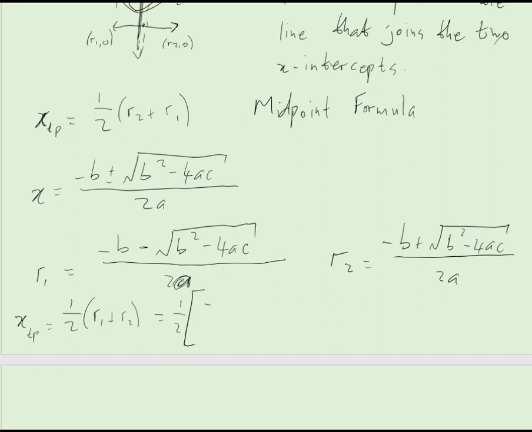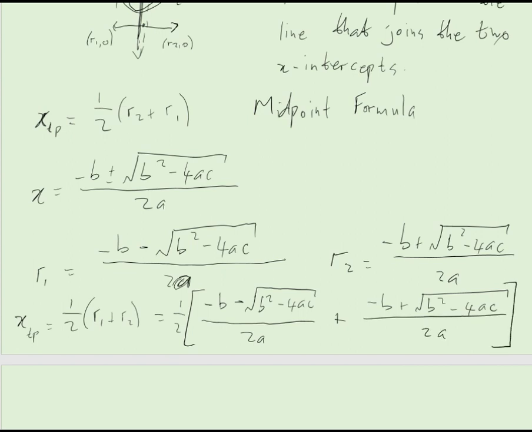We're going to have negative b, so this is R1, negative b, negative the square root of b squared minus 4ac, all this is in the square root, over 2a, plus negative b plus the square root of b squared minus 4ac, under the square root, all over 2a.